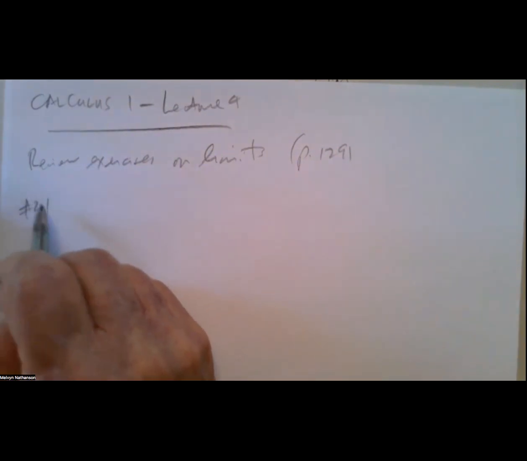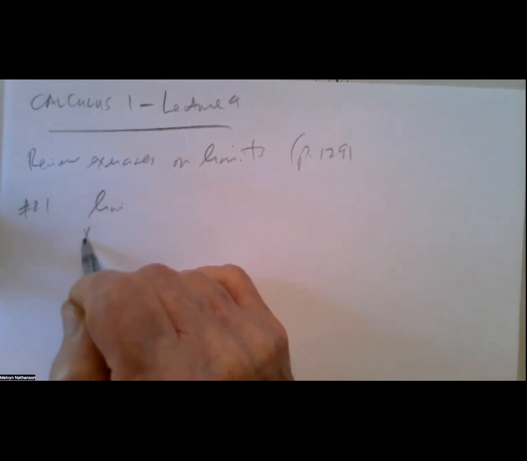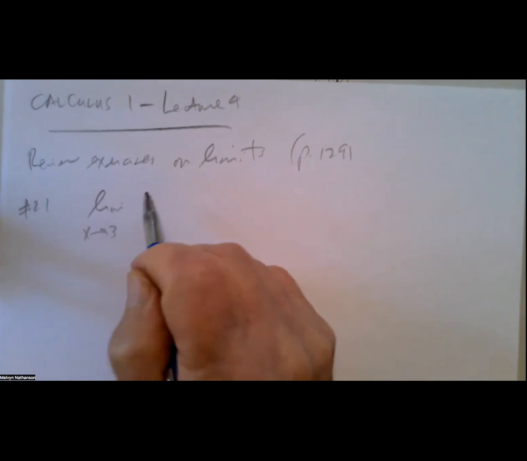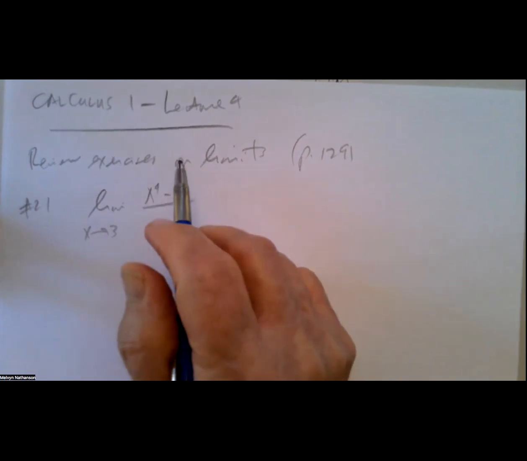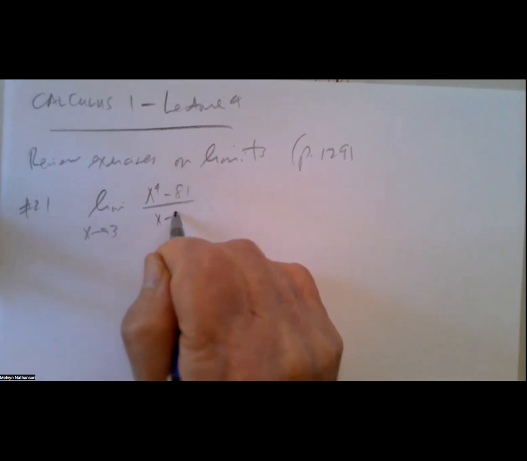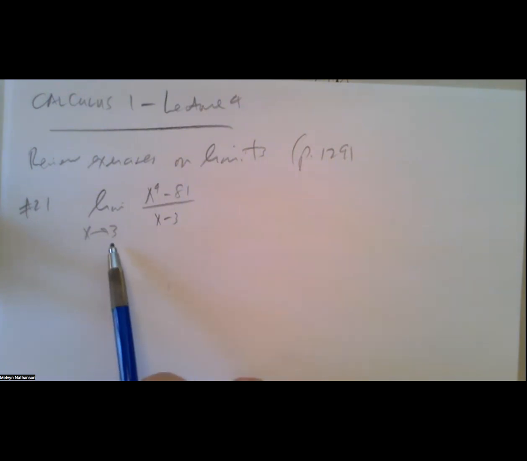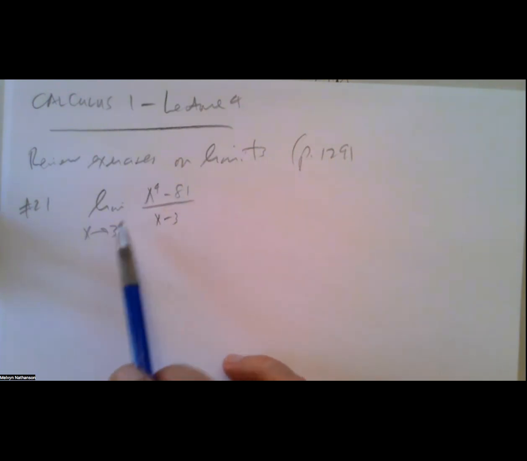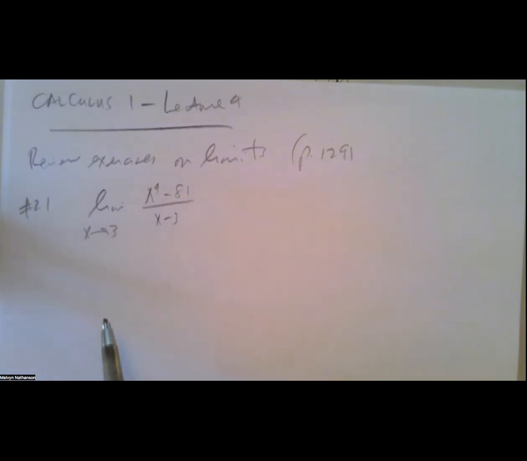This is number 21. Find the limit as x goes to 3 of x to the 4th minus 81 over x minus 3. For this, you can't just plug in x equals 3, because 3 to the 4th is 81, and you would get 0 over 0, which is undefined.